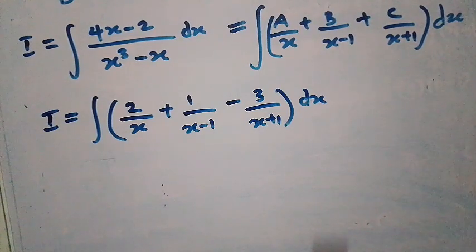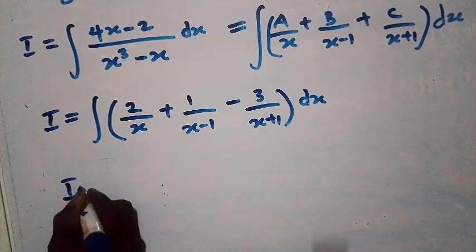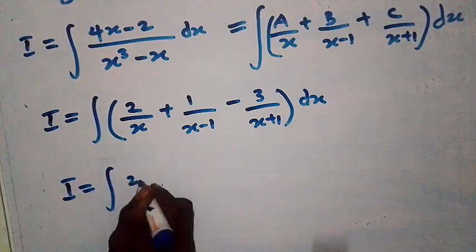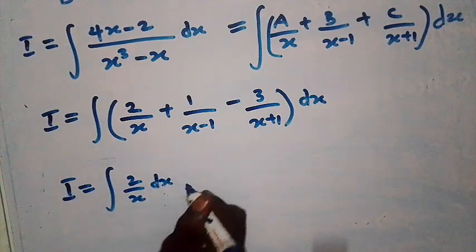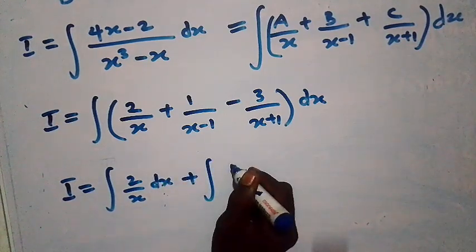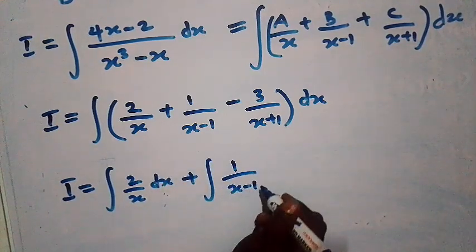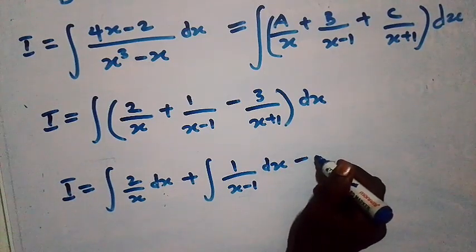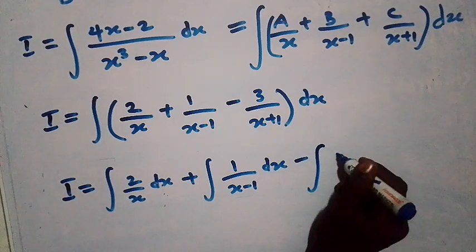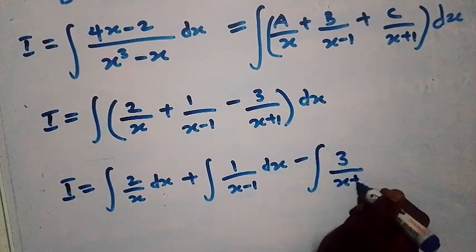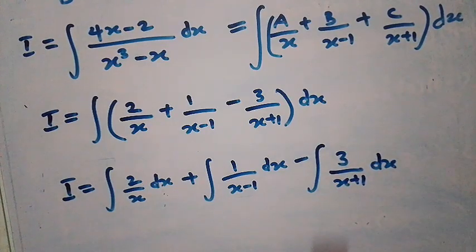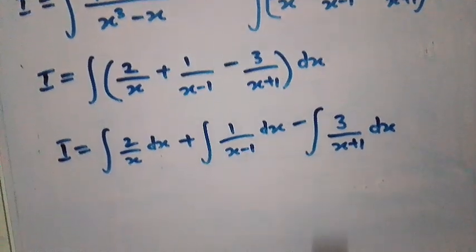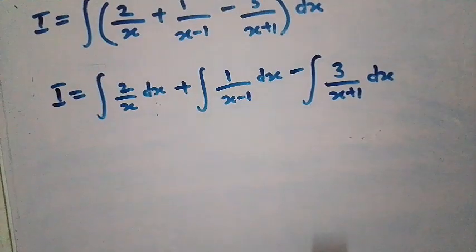Let's integrate term by term. I will be equal to the integral of 2 over x dx plus the integral of 1 over x minus 1 dx minus the integral of 3 over x plus 1 dx. We are integrating term by term.